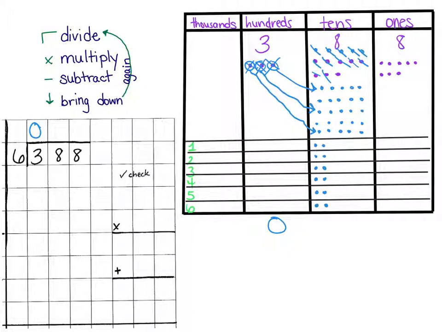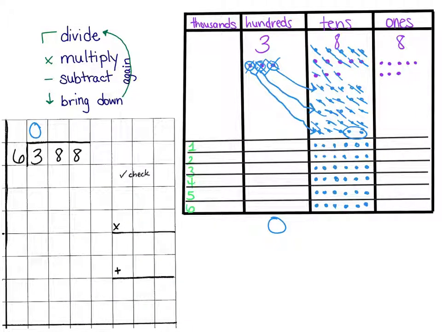Okay, go ahead and keep doing this. Pause the video so that you can try it yourself, and then play it, and I will help you finish the problem. Alright, now I have used up all of these, and I have 2 left over. So let's check our work.